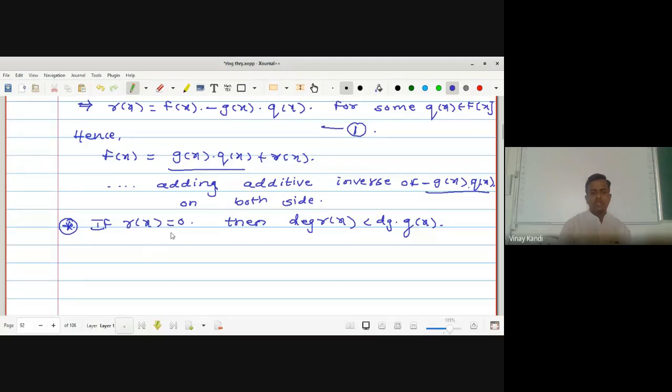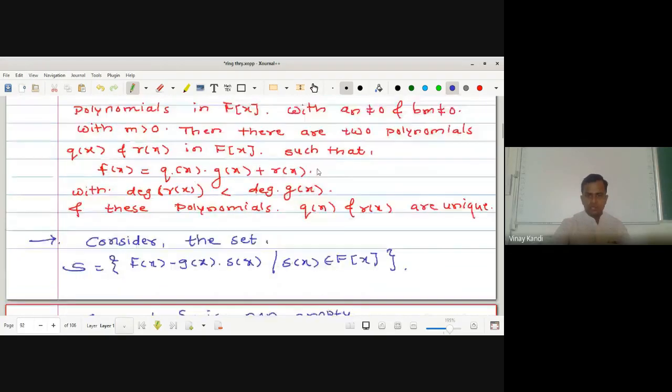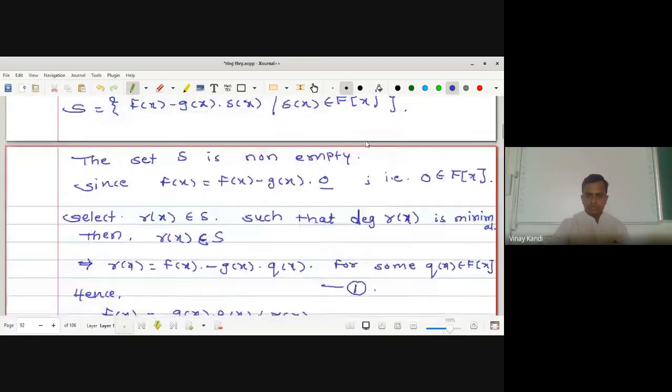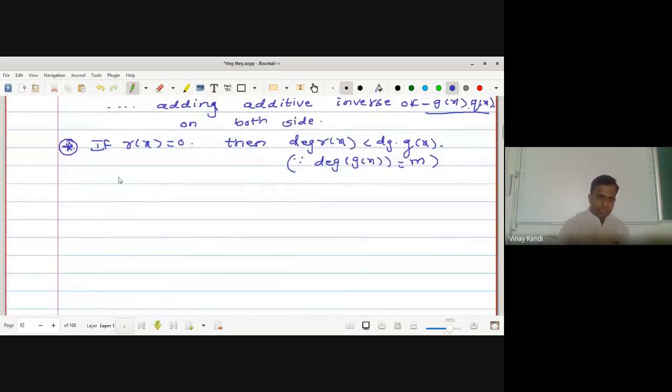Okay, जर तुमचा 0 पॉलिनॉमियल असेल तर डिग्री डिफाइन नाही होणार. Okay, then the statement is obviously true. Since what is the degree of g of x? Small m. Okay, degree of g of x क्या है तुमचा? Small m.